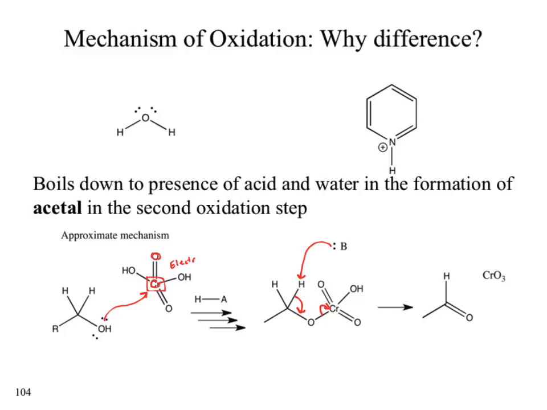Where's the base coming from if I'm using chromic acid? Could be coming from one of the oxygens in chromic acid, or it could be coming from water. What if it was PCC? There's no more water. It's likely coming from our pyridine. Officially a deprotonated pyridine.